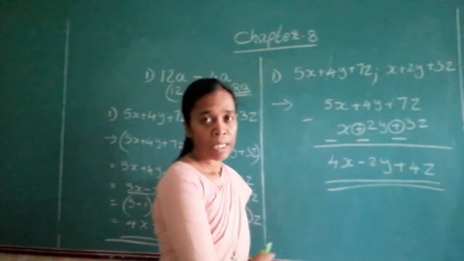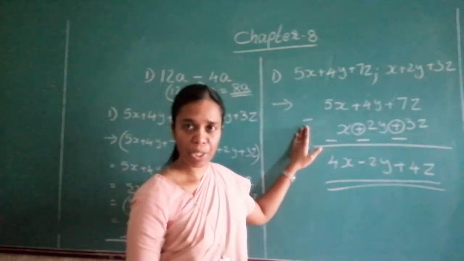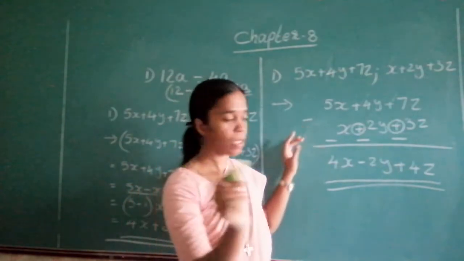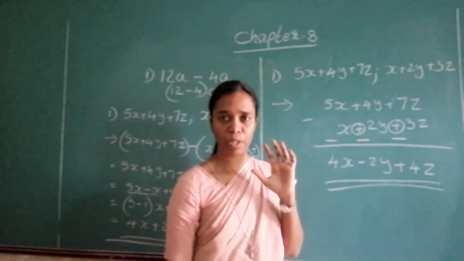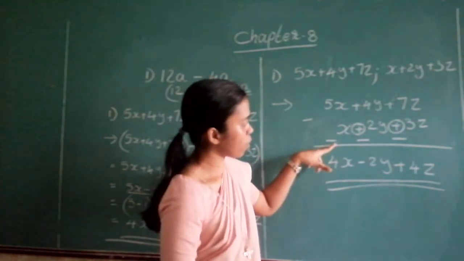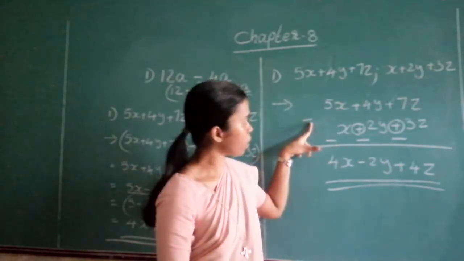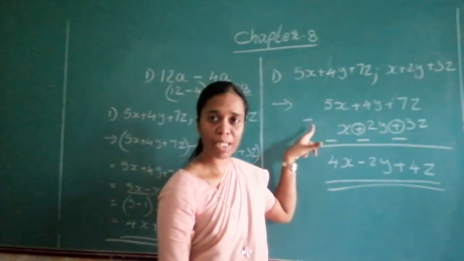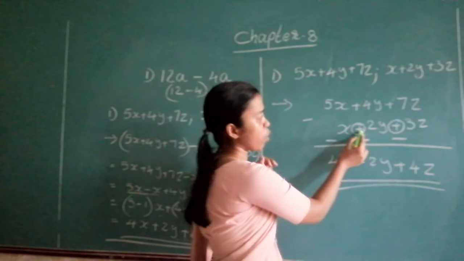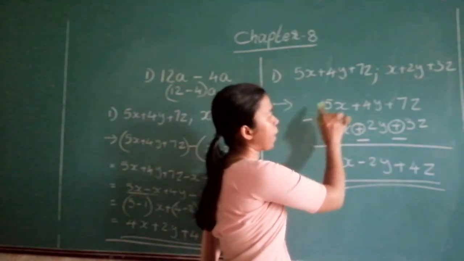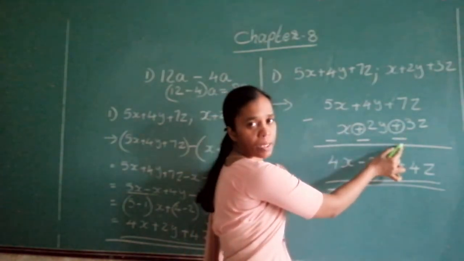Now, since this is subtraction, the sign changes throughout in the second expression. Here it was plus, so we write it as minus because this is minus. So when you are subtracting, we are multiplying with the sign. Minus into plus, minus. Minus into plus, minus.